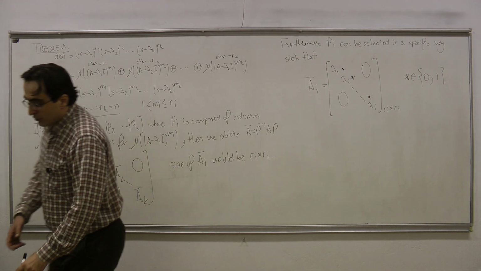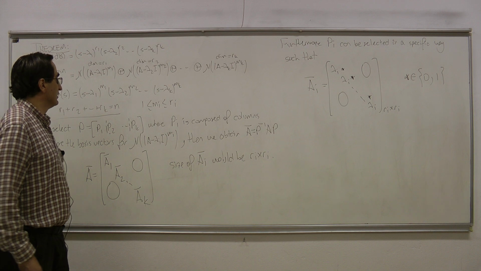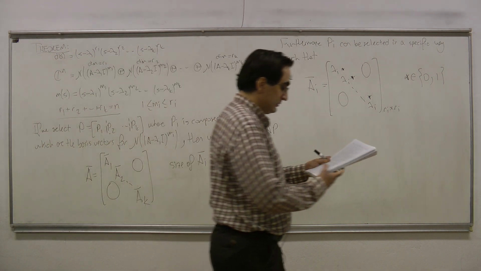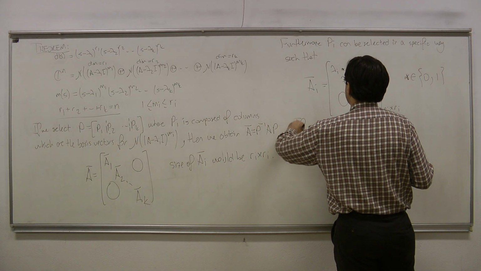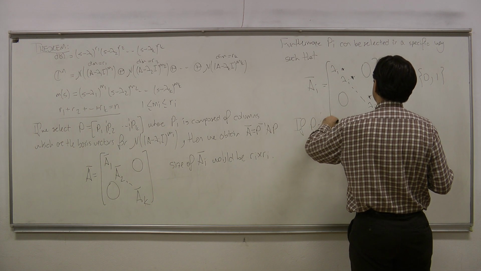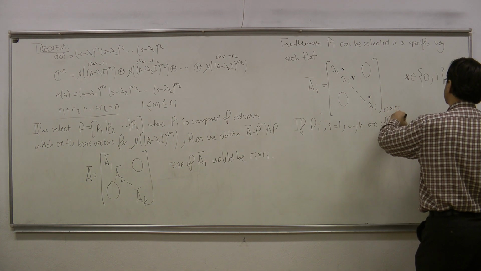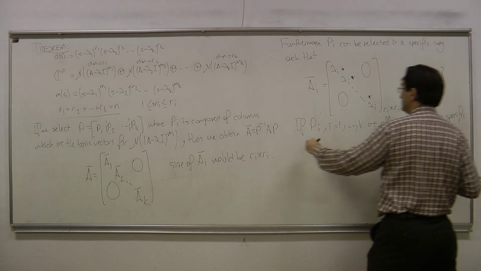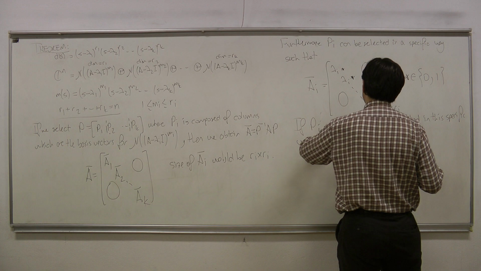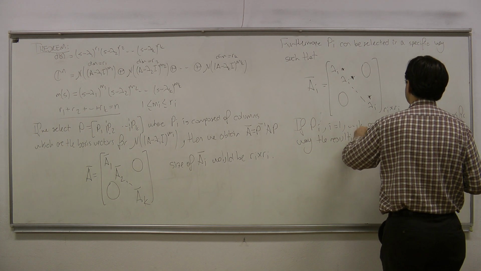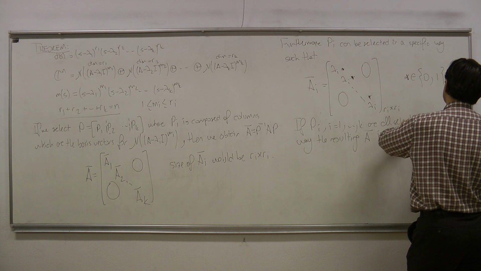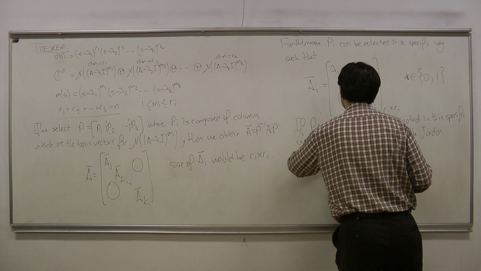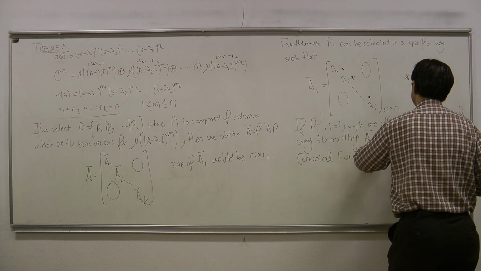Okay? So when I choose my Pi in this way for all of these subspaces, if Pi for i from 1 to k are all selected in this specific way, the resulting A bar is called the Jordan canonical form of A. Okay?